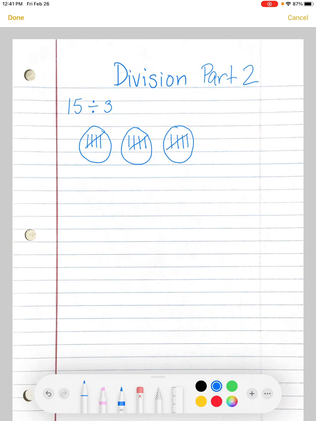Now, when you finish dividing these crayons out, every group should have the same number inside if you did it correctly. When I look, there's 5 in the first group, 5 in the second group, and 5 in the third group. That tells me my quotient. That's what we call our division answers. My quotient is 5. Again, this 5 is called a quotient.